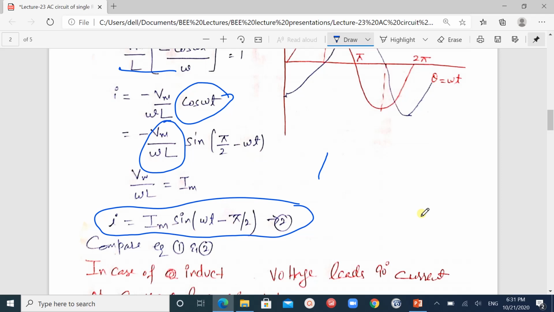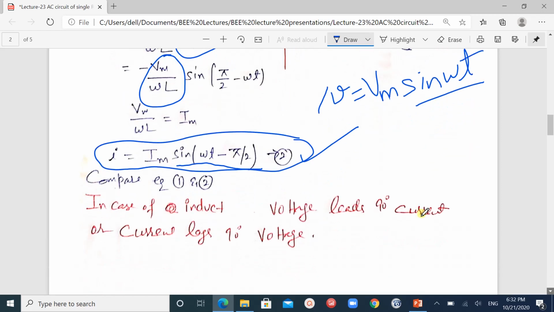Fine. So if we are comparing this second equation with the first equation, V is equals to Vm sine omega t. So this is sine omega t, and here we are having sine omega t minus pi by 2.